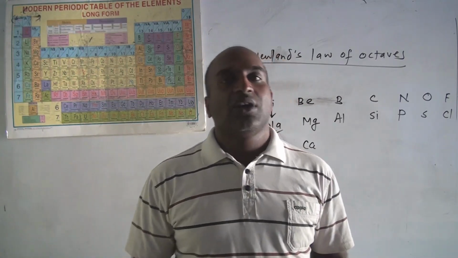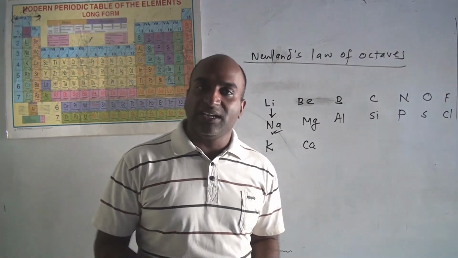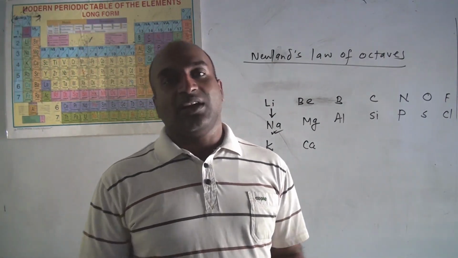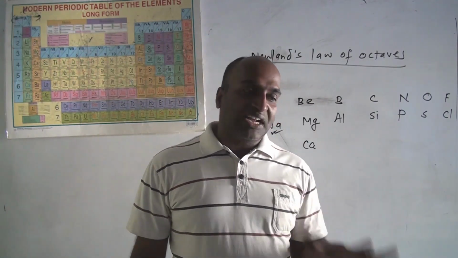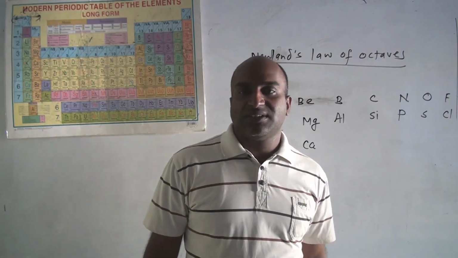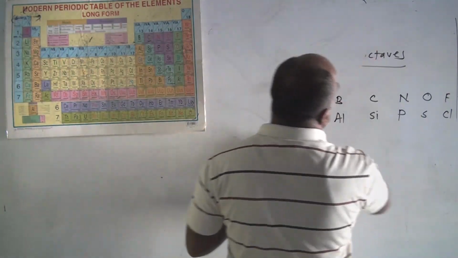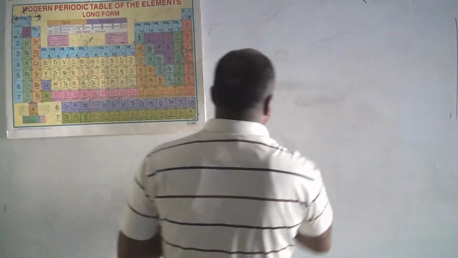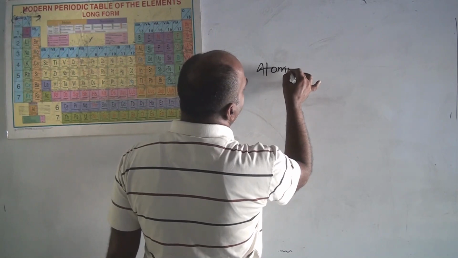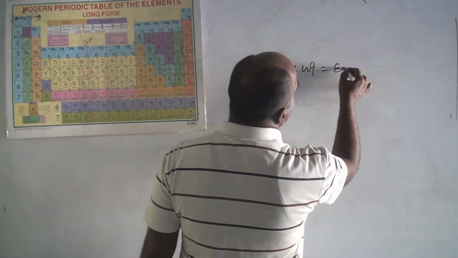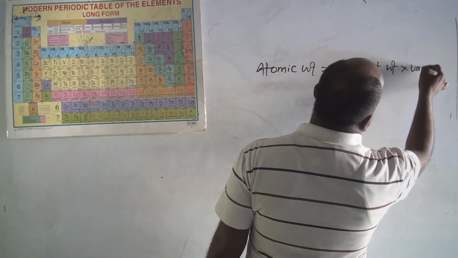The atomic weights of elements like beryllium and platinum were found to be wrong in the previous periodic table. Mendeleev corrected the atomic weight of such elements by a formula: atomic weight equals equivalent weight into valency.